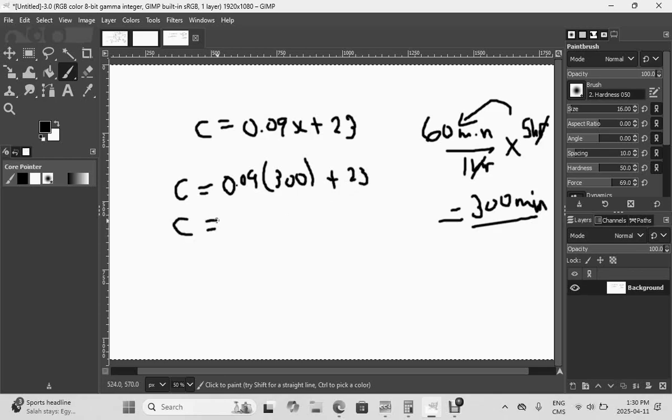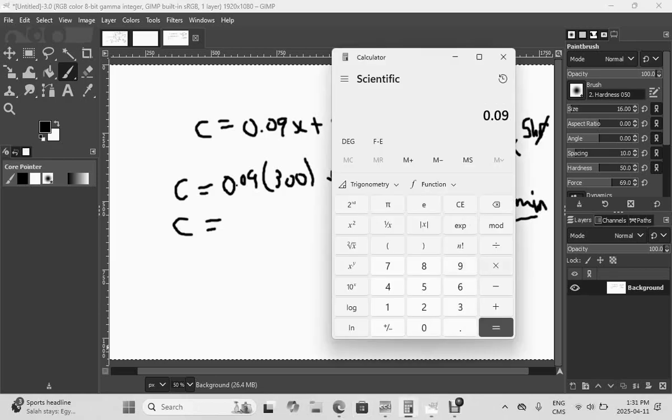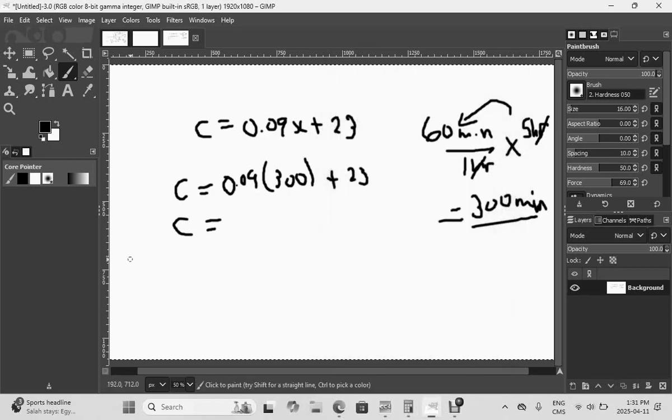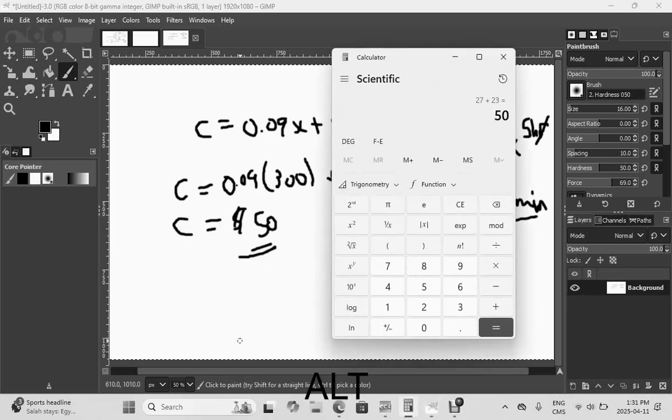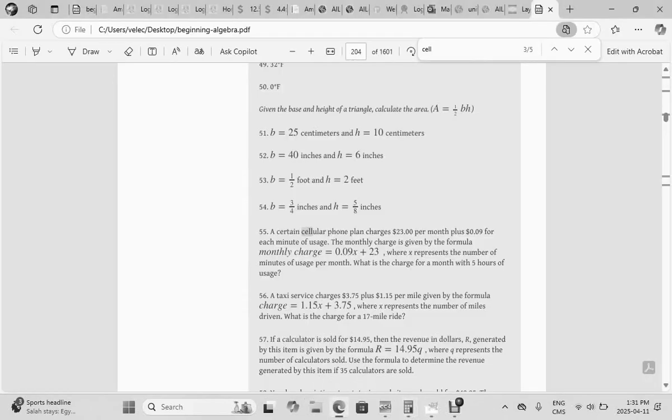Your cost will be 0.09 times 300 plus 23, which is $50. So that will be your solution.